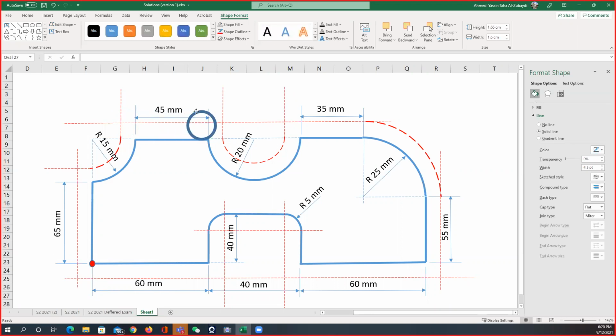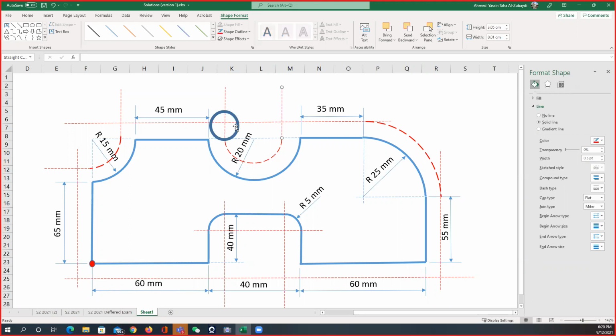Now, this will be the next point. I think it needs to be pushed a little bit to here. So again, to fix that. Okay, so this will be my next point.